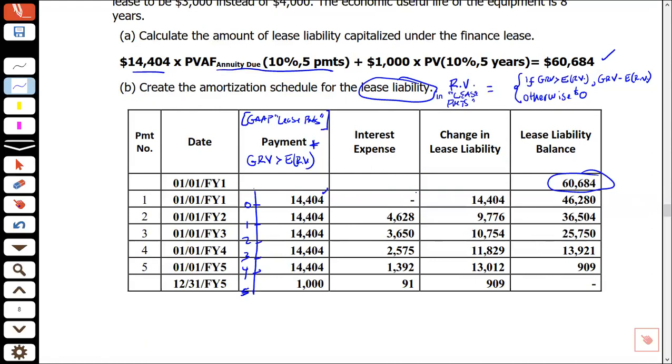Your day 1 payment, you're going to credit cash 14,404, and you're going to debit the lease liability 14,404. Your adjusting entry on 12/31 will be interest expense 4628, and then on 1/1, when you make the payment, you'll credit cash 14,404 and debit lease liability. We'll see the journal entry in a second.